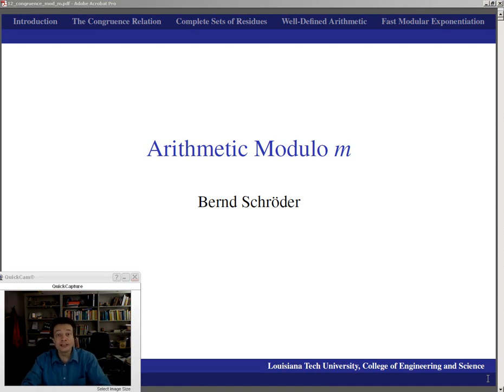And in order to do that, we're going to introduce the fundamentals in this presentation, which is about arithmetic modulo m. And we're also going to talk a little bit about how that already can affect things like fast exponentiation. The details of arithmetic using modulo m arithmetic through the Chinese remainder theorem will be done in the next presentation.